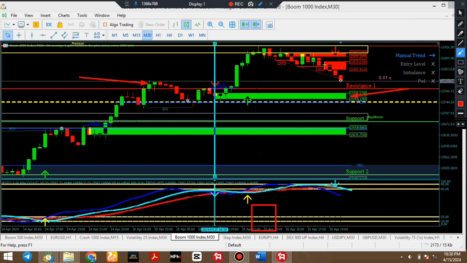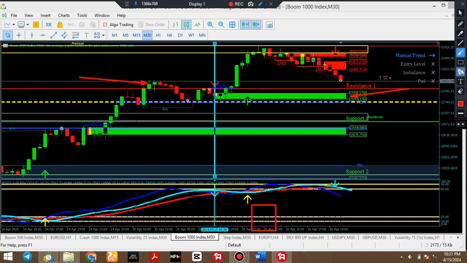But I know certainly price must come down. But nevertheless, sometimes price might play some kind of trick. You can't really tell and you can't decide. So it might come down, but it might take time, because you can see we have another support zone at this point below the bullish order block. So there's tendency price is going to find it a bit difficult to break through this area.